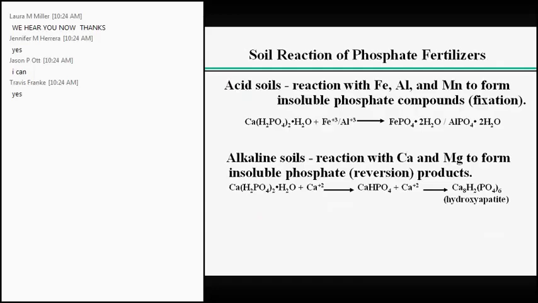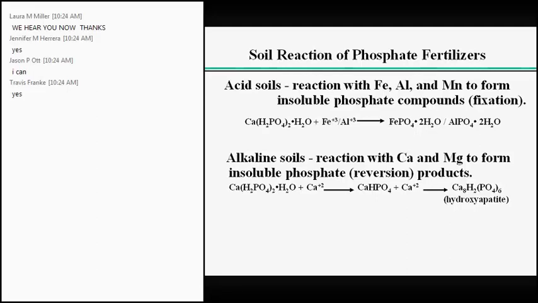Next slide. Now, I don't expect you to remember these reactions or anything like that, but what I want to do is show you that this is what's going on in the soil when we have either acid soils or alkaline soils. So again, with acid soils, we're going to get this reaction possibly with iron, aluminum, and maybe manganese, and it is a fixation reaction.